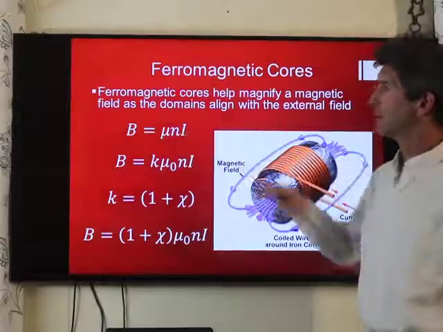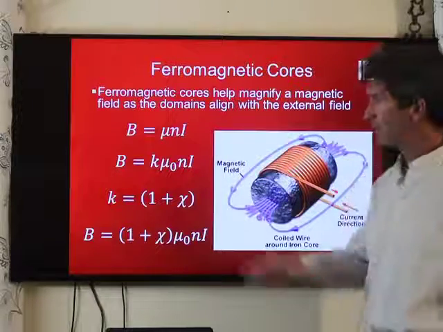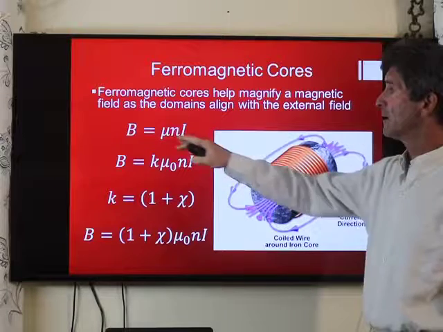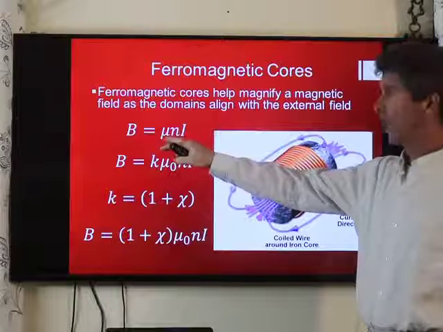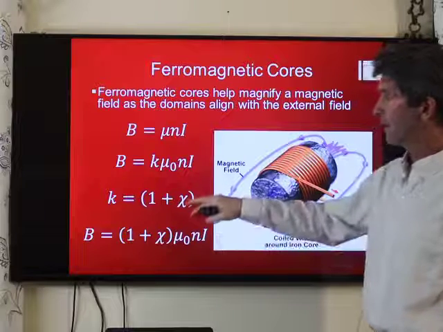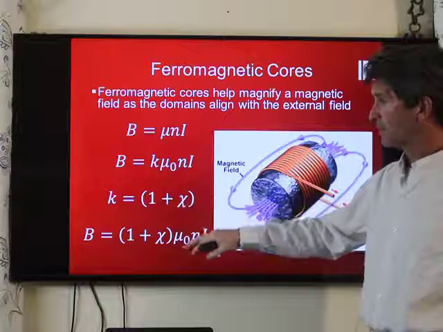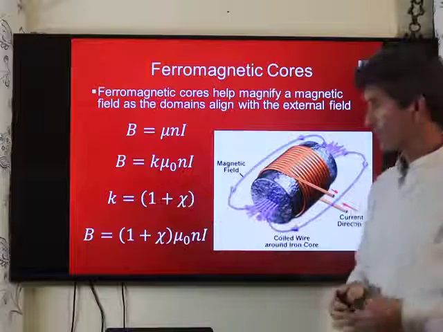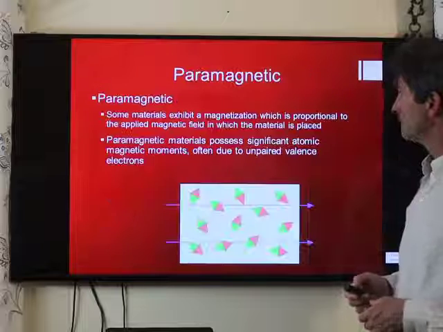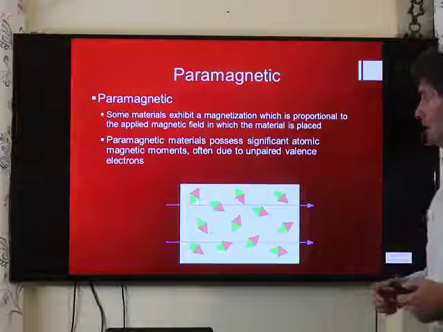Again, there is the equation for the magnetic field at the center of a solenoid. Here, if there's an air gap, mu is just equal to mu 0. However, with a ferromagnetic material, which has a high magnetic susceptibility, you can get an even more intense magnetic field.